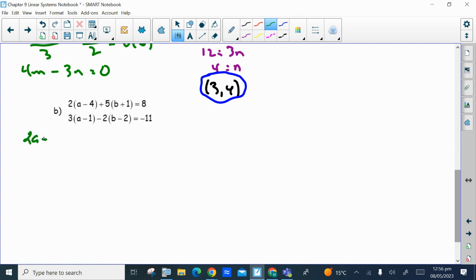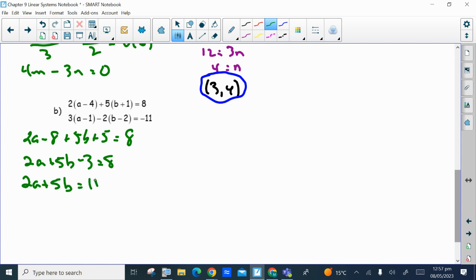Gives me 2a minus 8 plus 5b plus 5 equals 8, or 2a plus 5b, negative 8 plus 5 is minus 3, or 2a plus 5b equals 11 when you add the 3 to both sides. So there's our first equation, simplified.